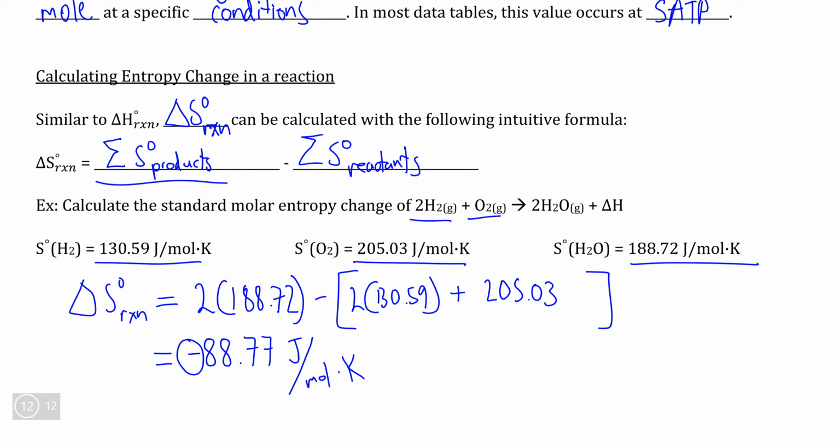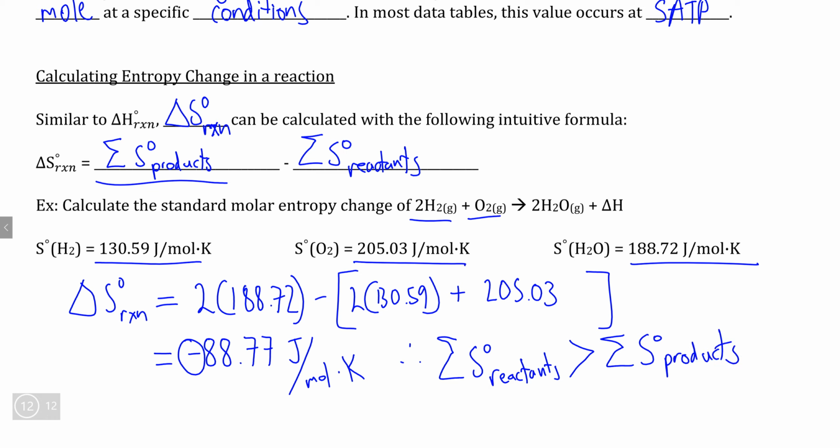Because this number is negative, we can conclude that the sum of the standard molar entropy of our reactants must be greater than the sum of the standard molar entropy of our products, and that means that as we move in the forward direction, entropy actually decreases.